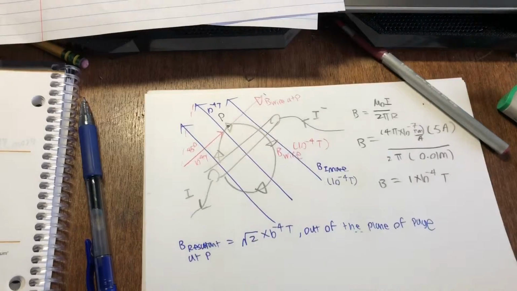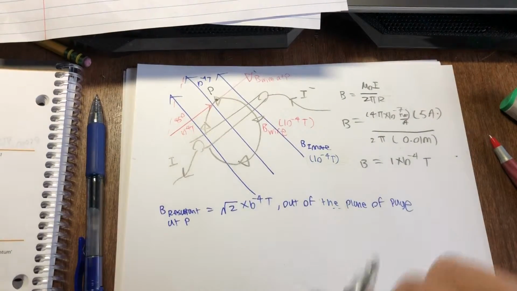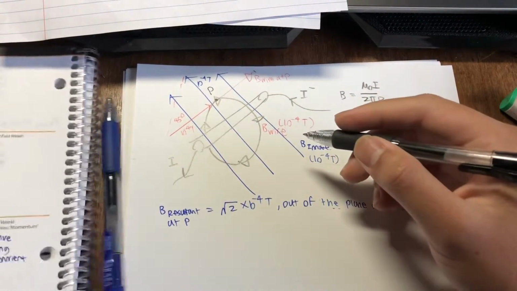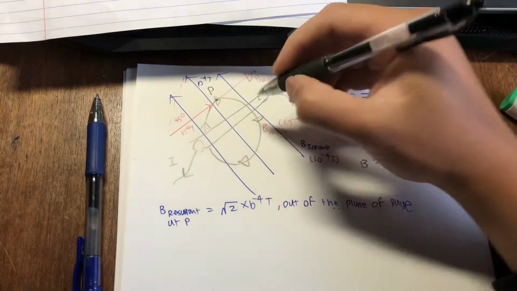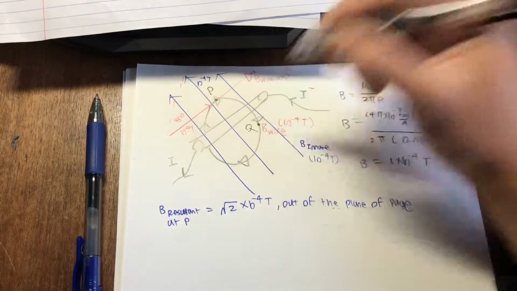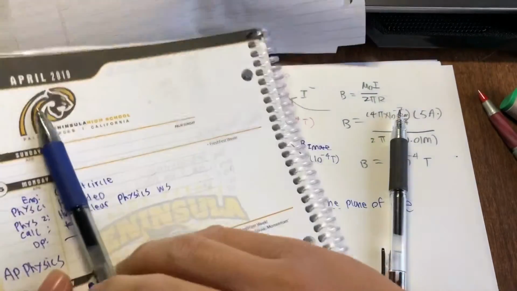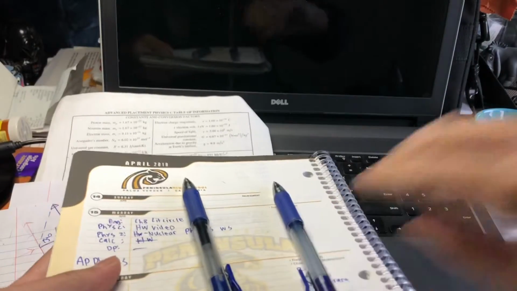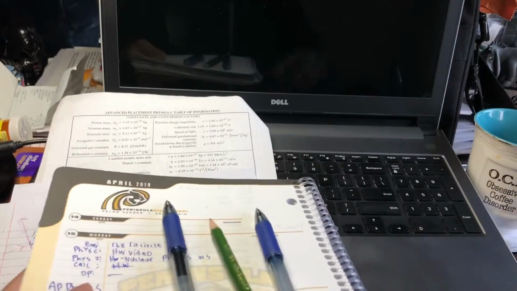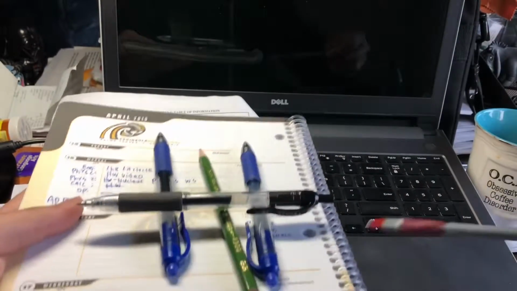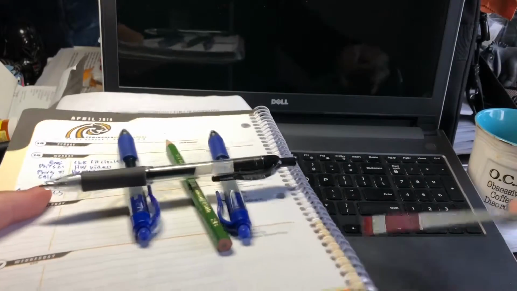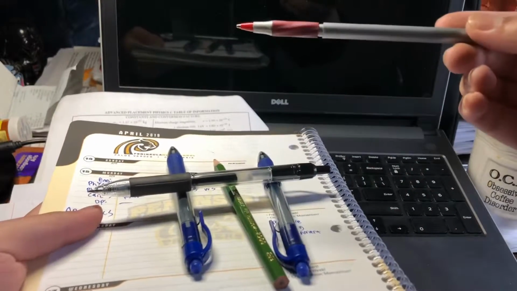And that's point P. Okay, now we need to figure out the B field at point Q. So that would be point Q in this diagram. But on the actual demonstration, we'll go over it once more. That's your innate B field. This is that wire, and the B field flows like this. Well, point Q would be right on top.